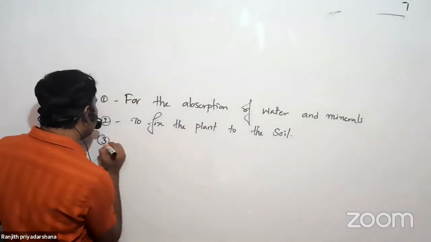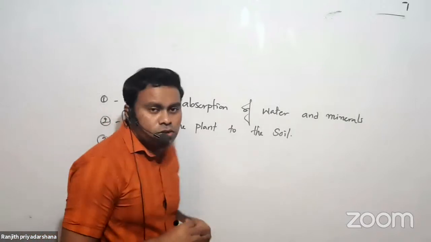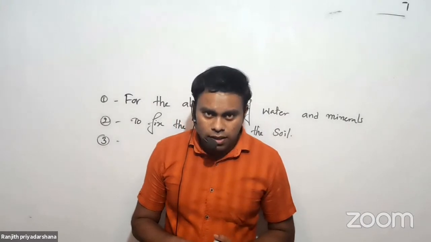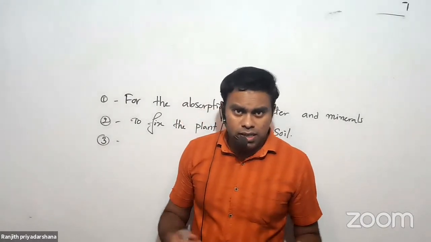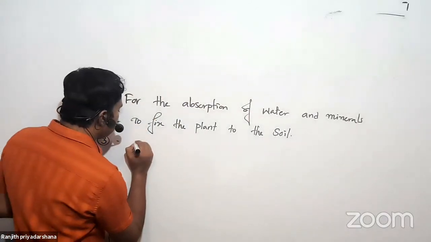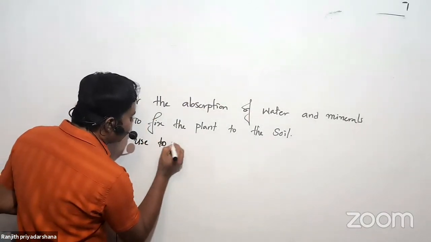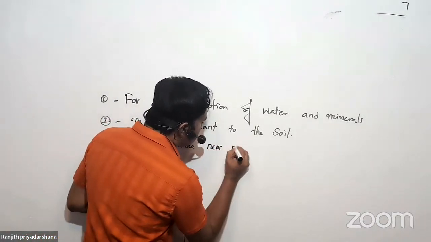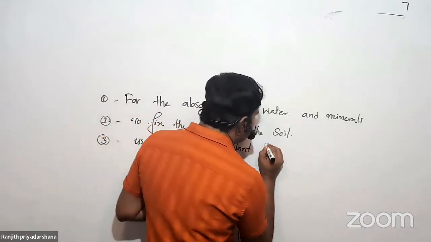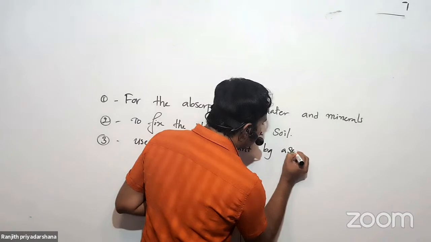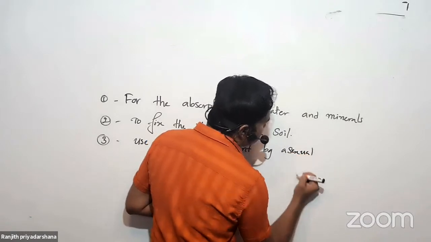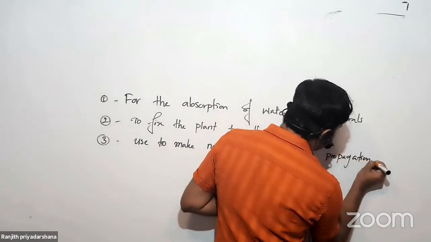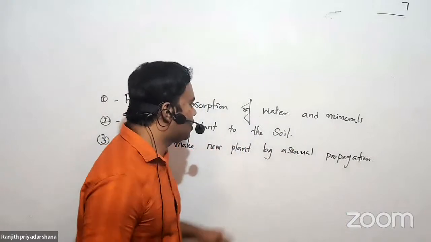In addition to that, we can use these root systems for propagation as an asexual reproduction method. Asexual reproduction is used to make new plants, or asexual propagation.